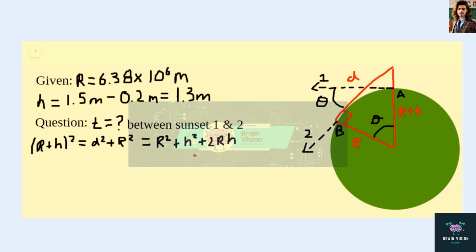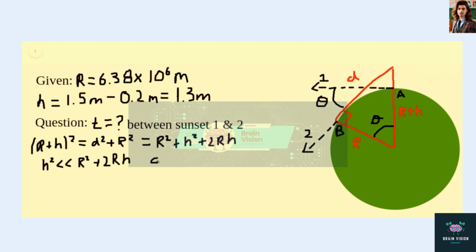Well, another convenient fact here is that h is very, very small compared to r. So r squared is going to be significantly larger than h squared, as well as 2 times r times h is also going to be significantly larger than h squared. So let's write that fact out so we have it visualized: h squared is much smaller than r squared plus 2rh. So those values are going to dominate that side of the equation. So we can actually go ahead and just ignore h squared.